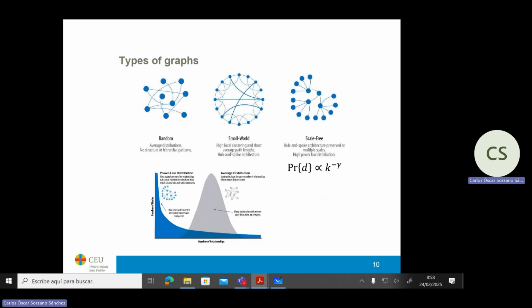So this is a kind of graph. A different kind of graph would be where locally the nodes are very much connected. And then from time to time you have a long distance connection. So from time to time you have these long distance connections. And this kind of graph is called a small world.